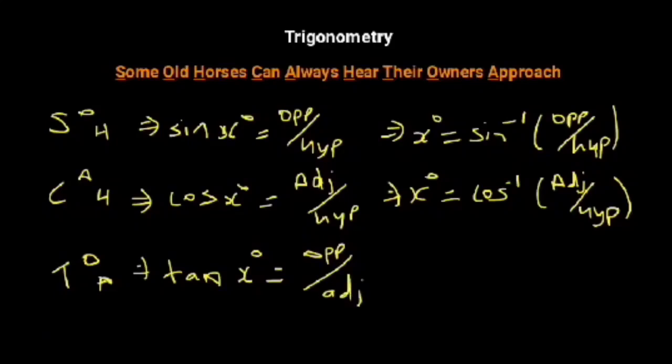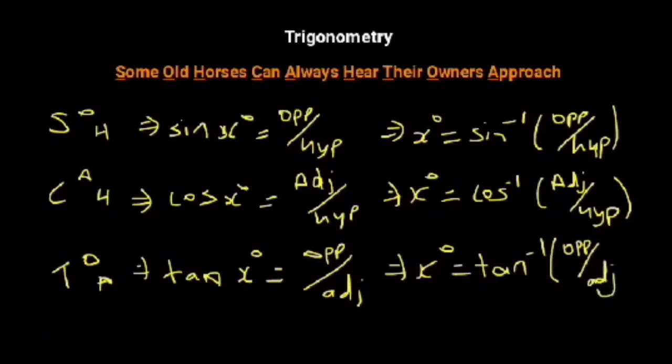Then making x degrees the subject of the formula once again, we have x degrees is equal to tan inverse, brackets, opposite divided by adjacent. And that's how we simplify to find our x degrees.